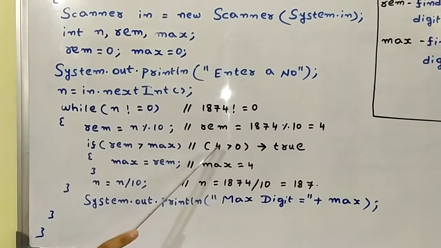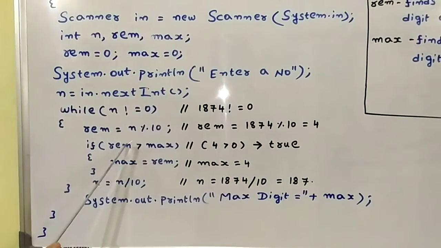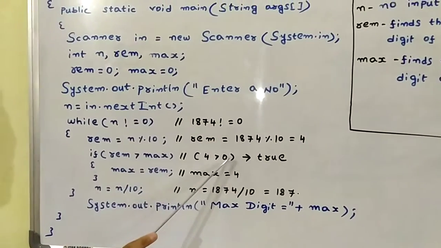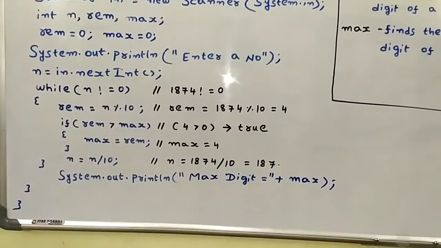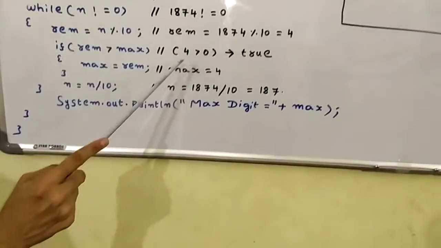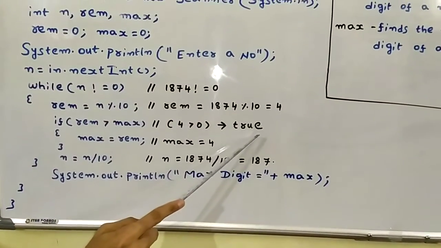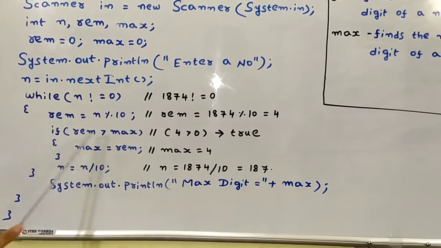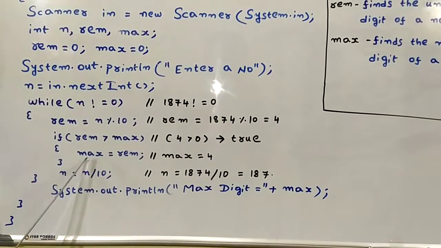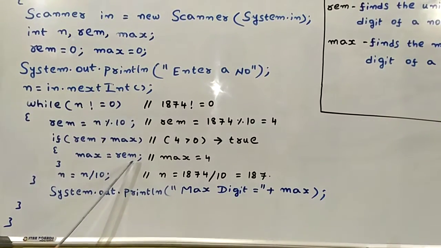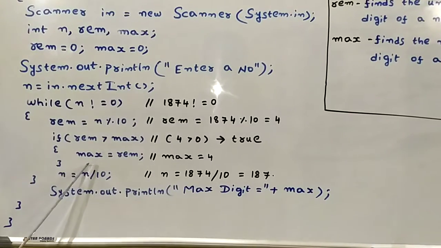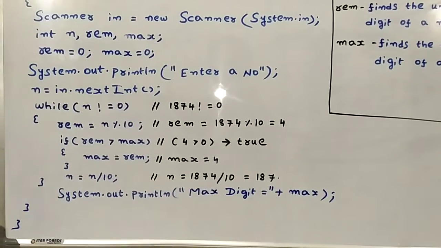rem value is 4, max value is equal to 0. rem greater than max, 4 greater than 0, both of them are compared. When both are compared, 4 greater than 0 is true. So rem greater than max is true. Here, max is equal to rem. Within the max variable, rem value is going to get stored.